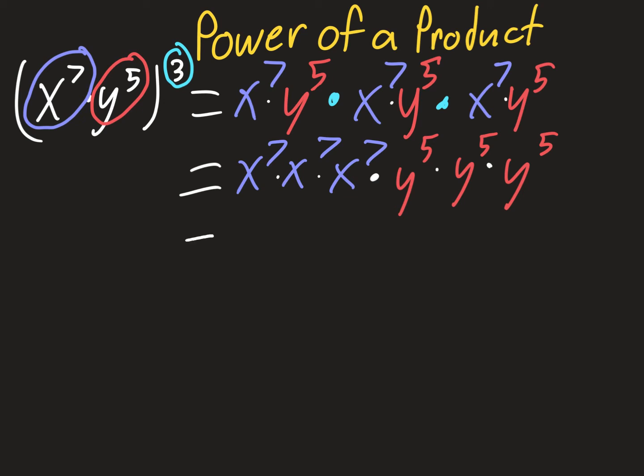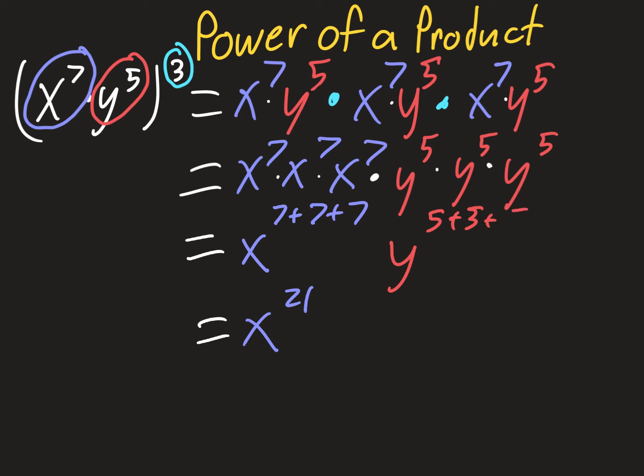In this case, if we do the products, then x to the 7th times x to the 7th times x to the 7th will be x to the 7 plus 7 plus 7, which is x to the 21. And y to the 5th, y to the 5th, y to the 5th will be y to the 5 plus 5 plus 5, which is y to the 15th.